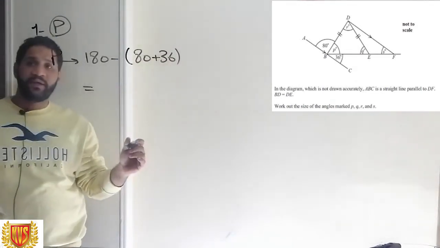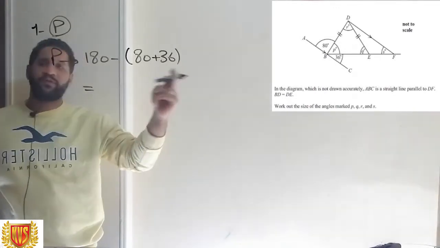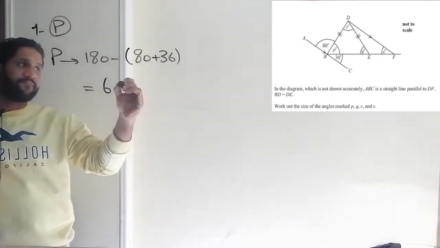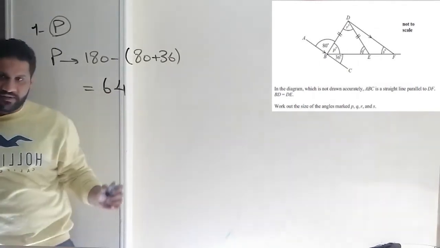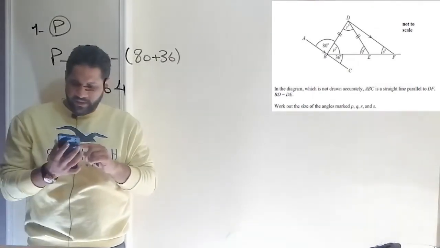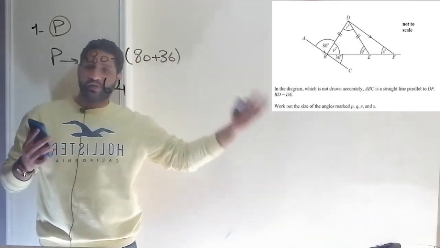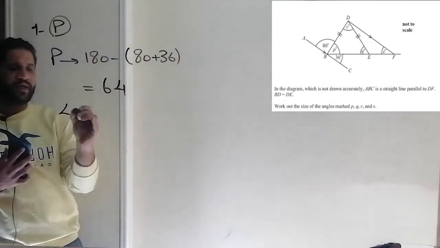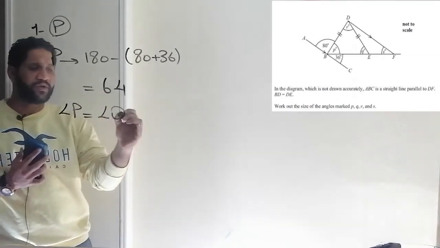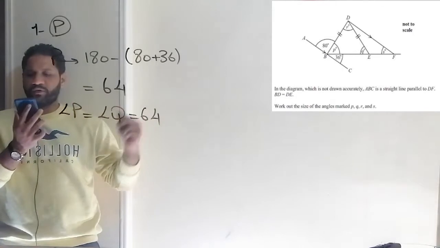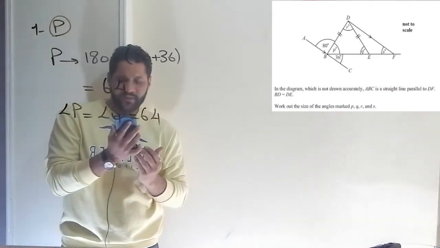Okay, the answer will be, I will remove an 80 from 100, then a 36, so it is 64. Yes, okay. After getting P, I can see that the 2 sides are equal, so it's an isosceles triangle. So angle P equals the angle Q equals what? 64. So the only needed angle is angle S.